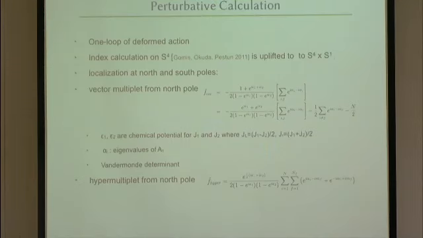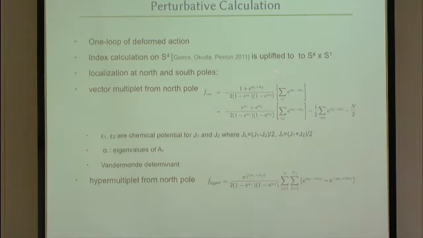Now, there are two kinds of contributions to these localized calculations. One comes from the perturbative calculation, the one-loop of the deformed action, and further detailed exploration of this perturbative calculation is done by Gomez, Okuda, and Pestun.